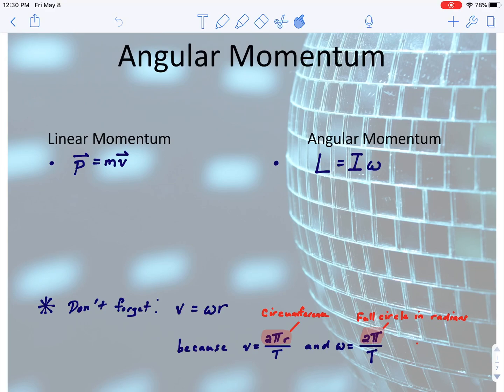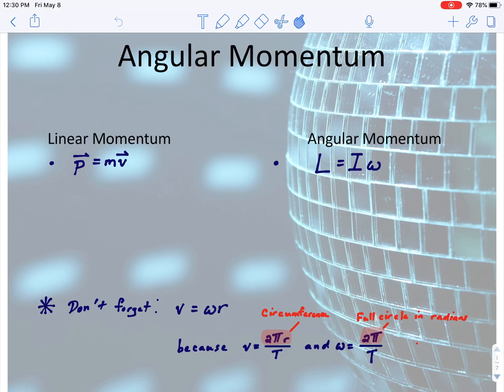And recall that this formula works because linear velocity for something moving along a circular pathway can be found by taking the circumference and dividing by the period, which will be 2 pi r divided by the period. But finding angular velocity means taking how much angle you rotate in one complete circle, 2 pi radians, and dividing by the period.